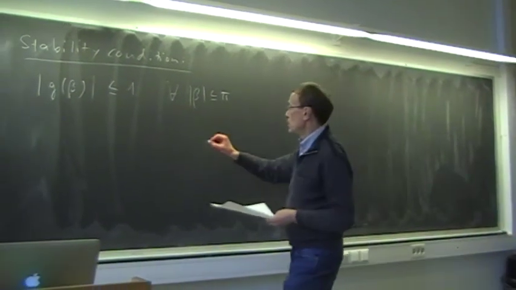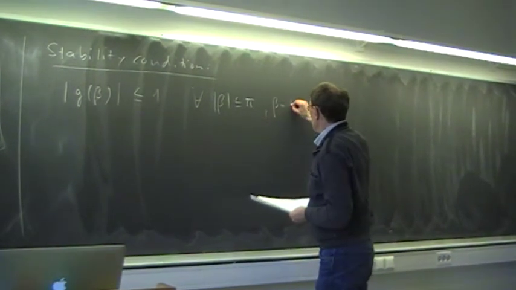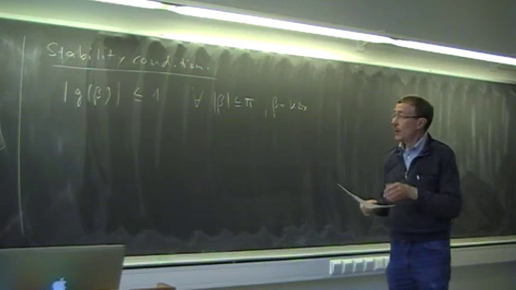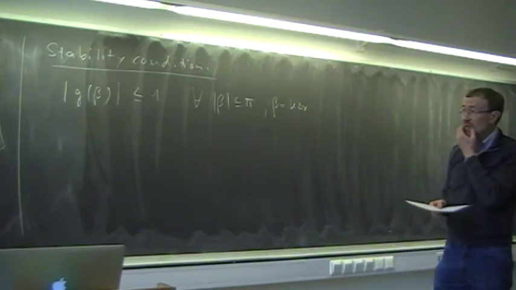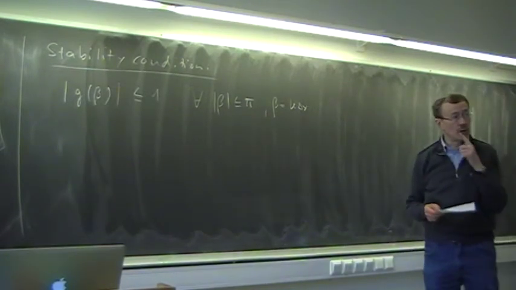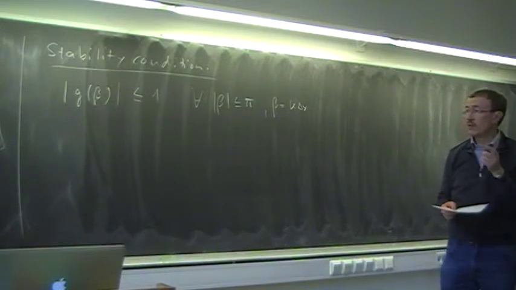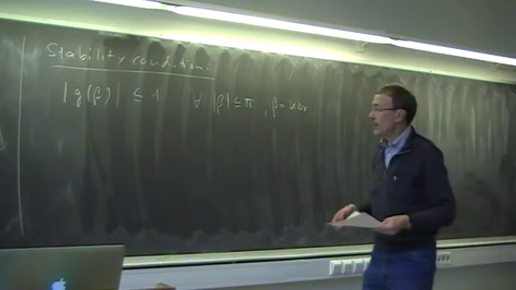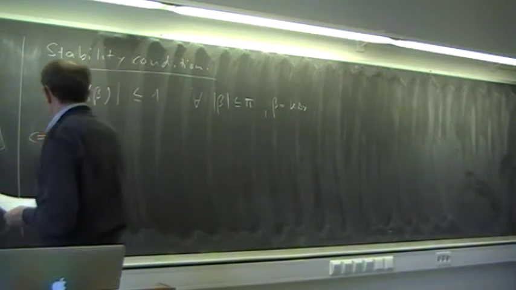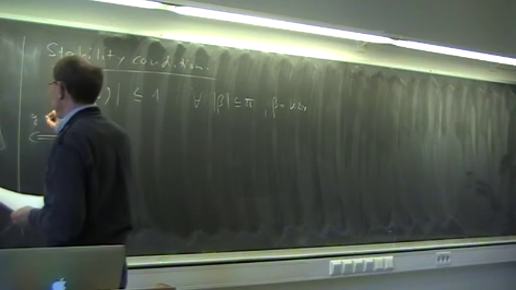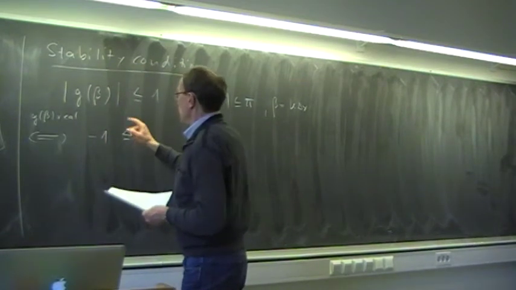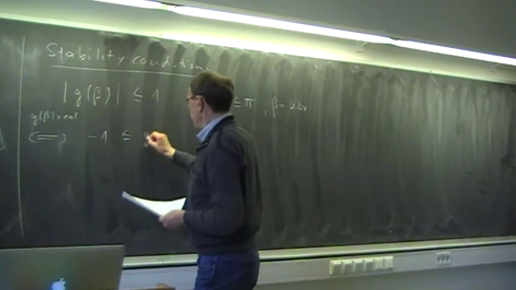And then it is a matter of looking whether the amplification factor is real or complex. In our case g of beta is real. Then it means that we have to have this between -1 and +1. That is the condition.